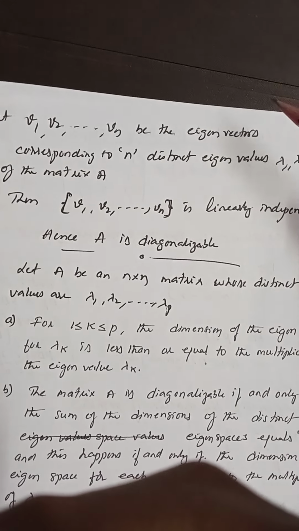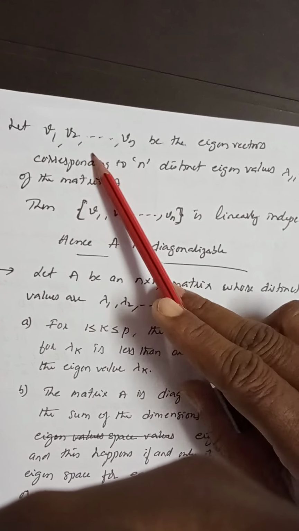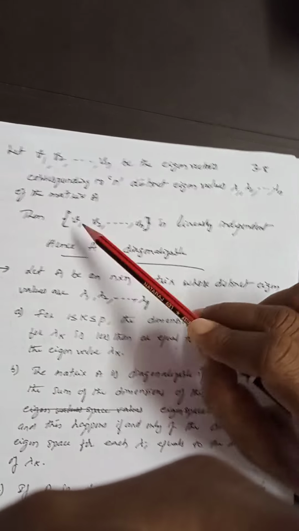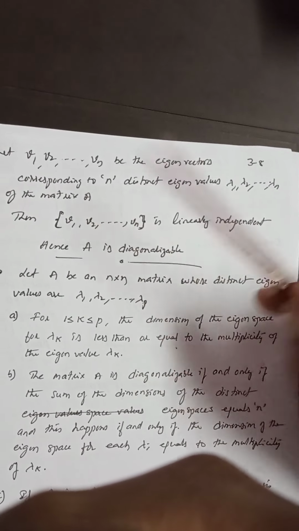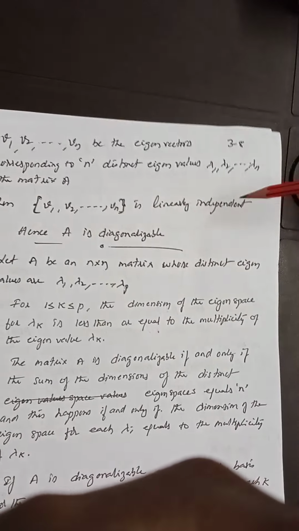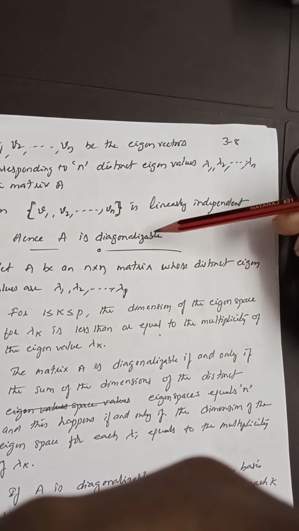If lambda 2 is the eigenvalue, then its corresponding eigenvector is denoted by v2 and so on. Corresponding to n distinct eigenvalues lambda 1, lambda 2 and so on lambda n of the matrix A, this collection v1, v2 and so on vn is always linearly independent. Hence A is diagonalizable.